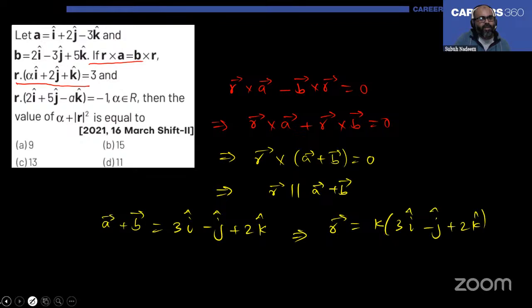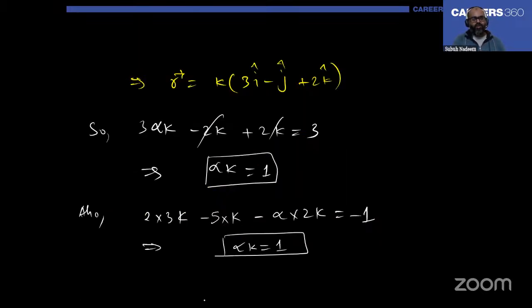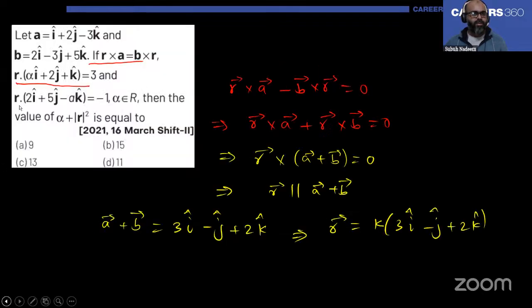Then this becomes alpha k is equal to 1. Fine. So alpha is equal to 1 by k. This is what we are getting here. I think we have done some mistake here.